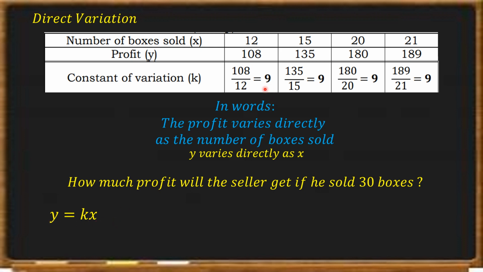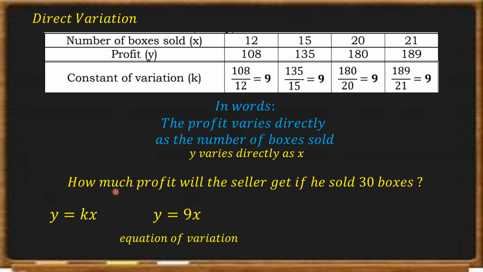So, we will substitute 9 for k. So, y is equal to 9x. It was kx, and k became 9. Okay, so this is called the equation of variation. This is what we use, the equation of variation, to solve for the missing value.